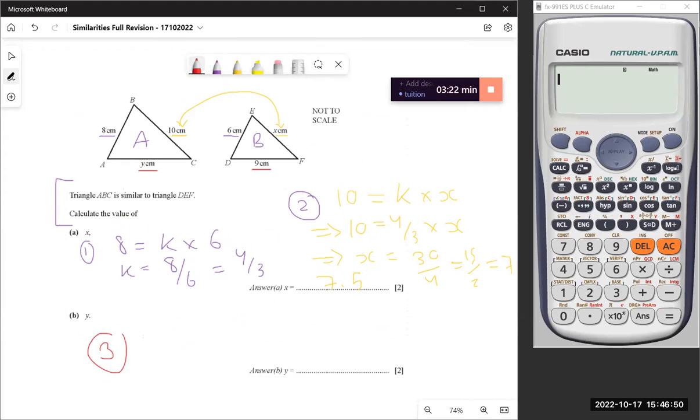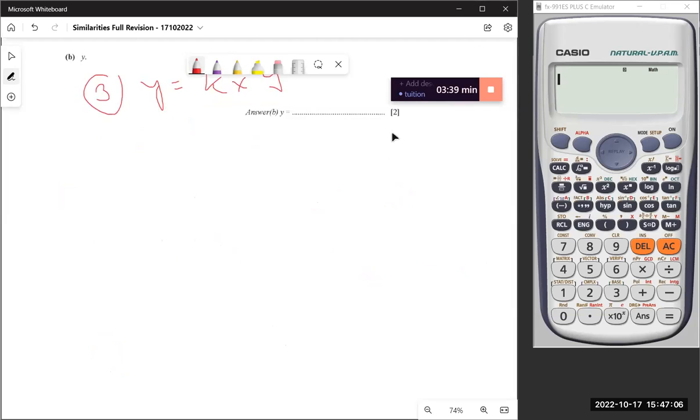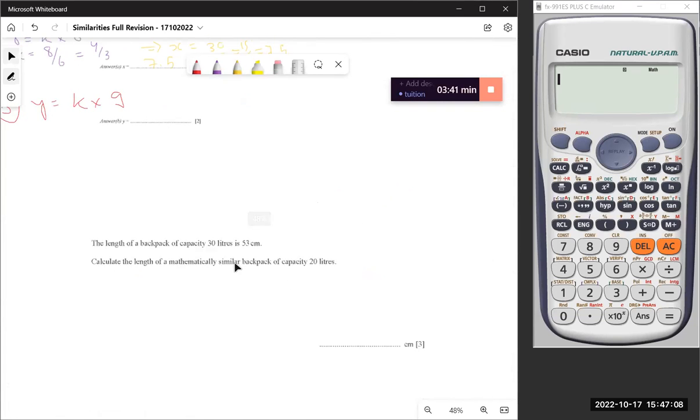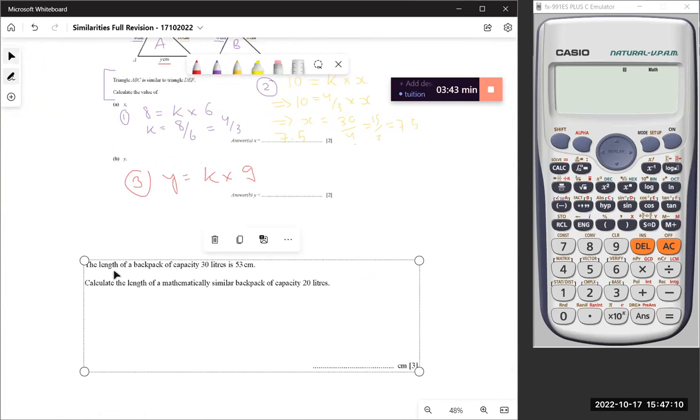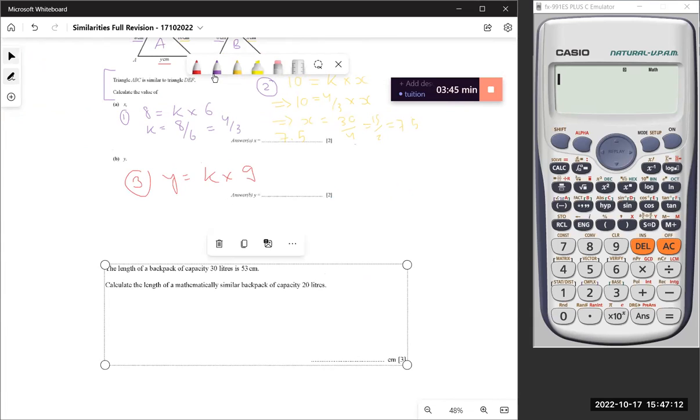Now, while Rachit solves the next question, Y is equal to K into 9. Sir, I've done it for Y in that only, sir. Yeah, I know. I'm sending you a question which you need to finish after this. Yes, sir. This one. Start solving. Now, Y is equal to K into 9.